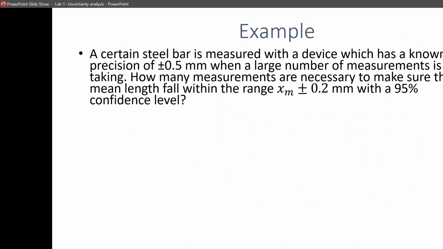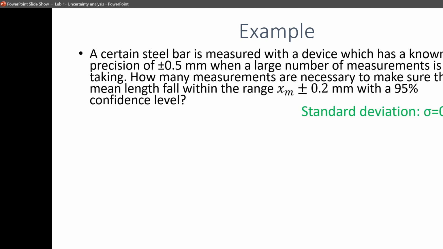Okay, let's move on. There is another example. We have a certain steel bar that is measured with a device which has a known precision of plus and minus 0.5 millimeters when a large number of measurements is taken. How many measurements are necessary to make sure that the mean length always is in the range plus and minus 0.2 with a 95% confidence level?